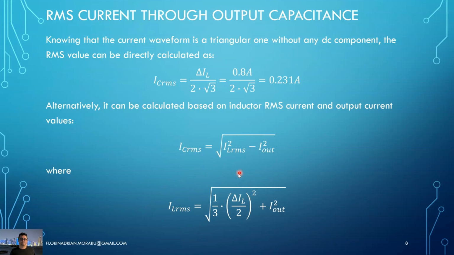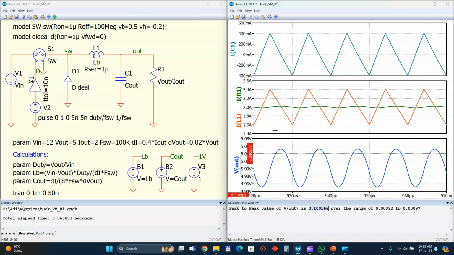But I am strongly recommending, if you have a simulation, just look for the RMS value over the simulation, and that's it.